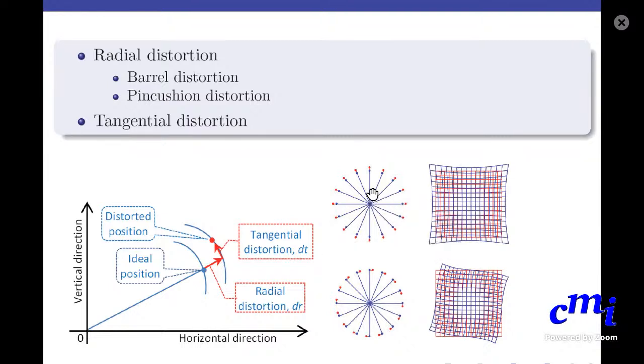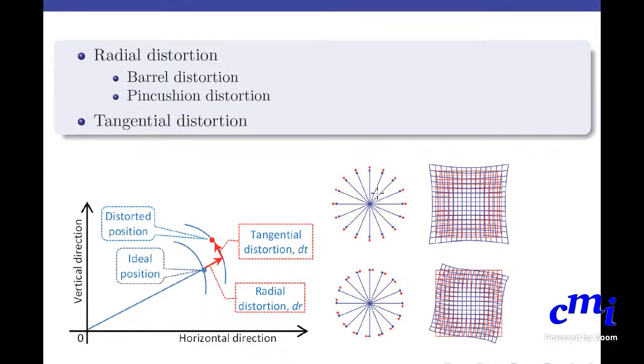If you look at this figure closely, the blue points are where the image points should have been focused, and the red points are where they are actually focused. The displacement is radial in the sense that this point is focused a little ahead along the direction of this ray, which is the radius of some circle.